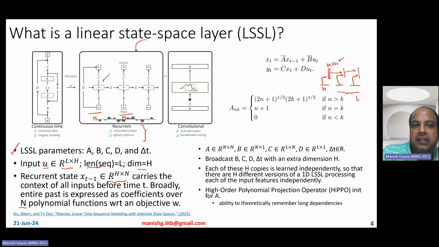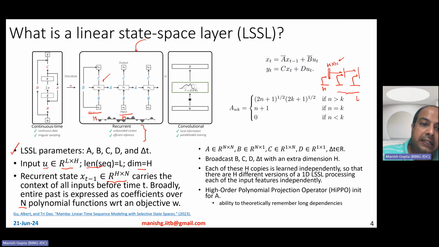Essentially, if you look at these u's, there is U1, U2, U3, U4. Of course, U is actually a matrix, so it's an L cross H matrix. Let's call those H features or H dimensions. So U is H dimensional in nature and also temporal in nature, right?